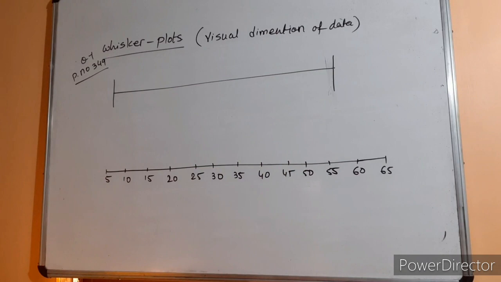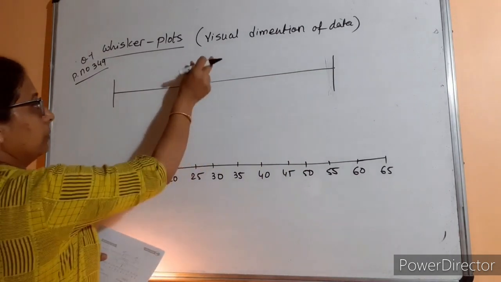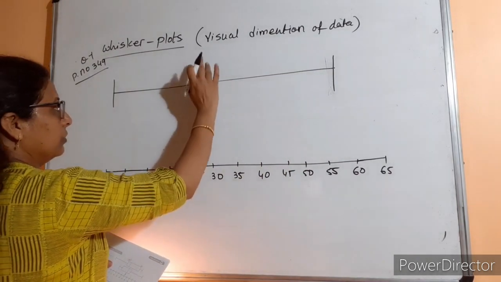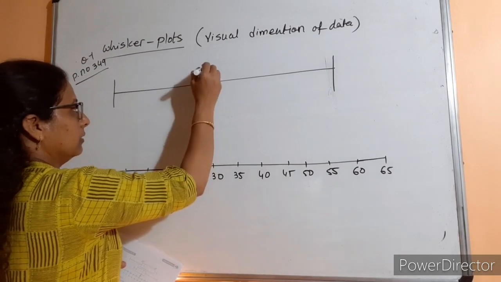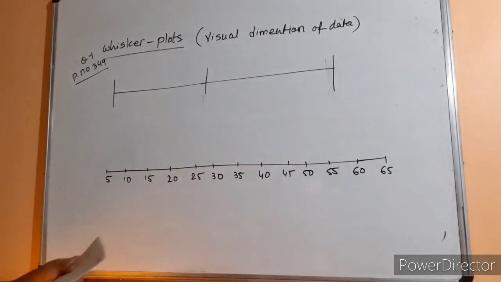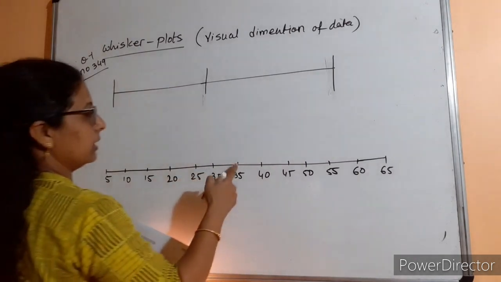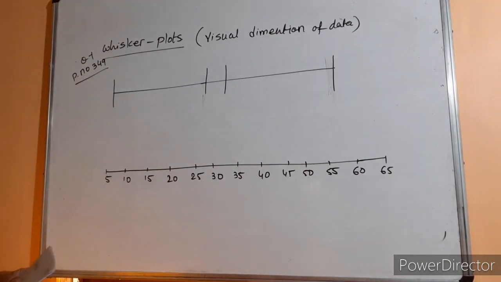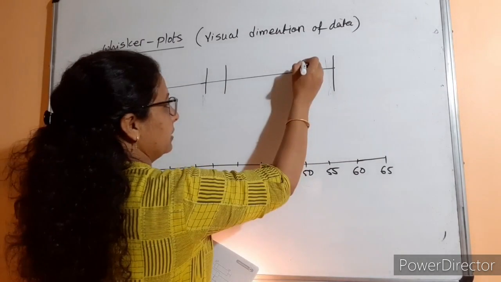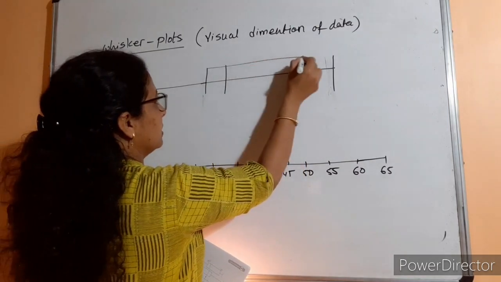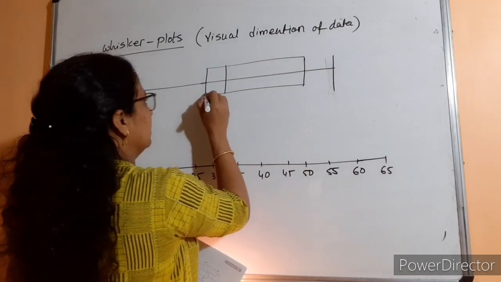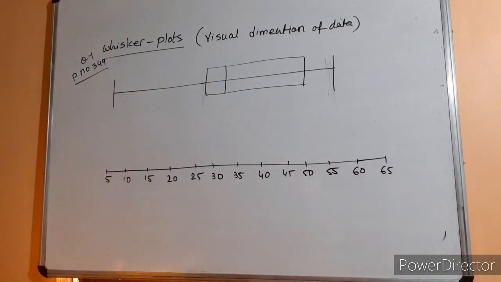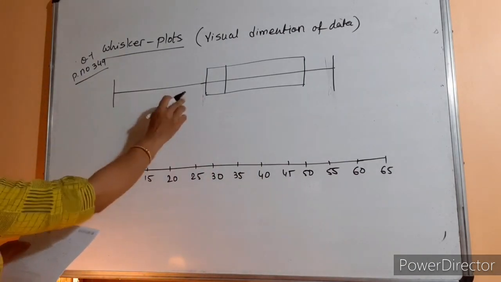Now the box is given between 25 and 30, then Q2 between 30 and 35, and the next is 50. This is our first whisker plot graph for set A.